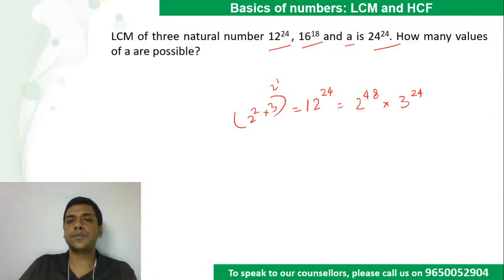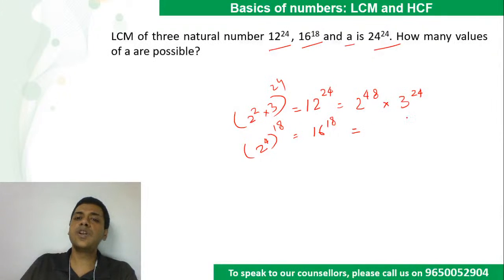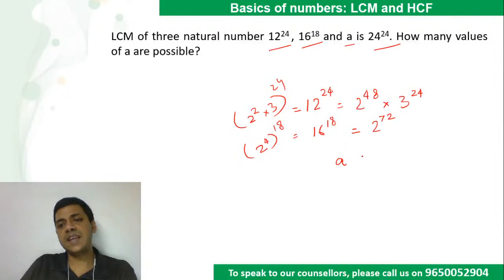Similarly, 16 raised to power 18: 16 is 2 raised to power 4, so 2 raised to power 4 whole raised to power 18 will become 2 raised to power 72. And the third number is A, which may have certain powers of 2 and certain powers of 3.